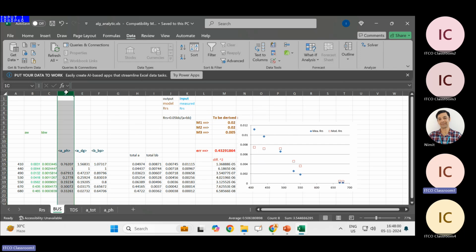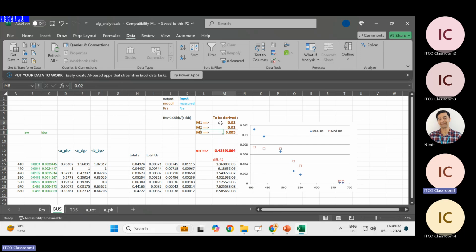We also have the APH spectral shape, ADG spectral shape, and BBP spectral shape. Sum up these three and we get a total A. Sum BB water and BBP with these magnitude numbers, M3, M1, M2, and we get a total BB. We use a simple formula to model the remote sensing reflectance spectrum, which is simply 0.05 times BB divided by A plus BB.